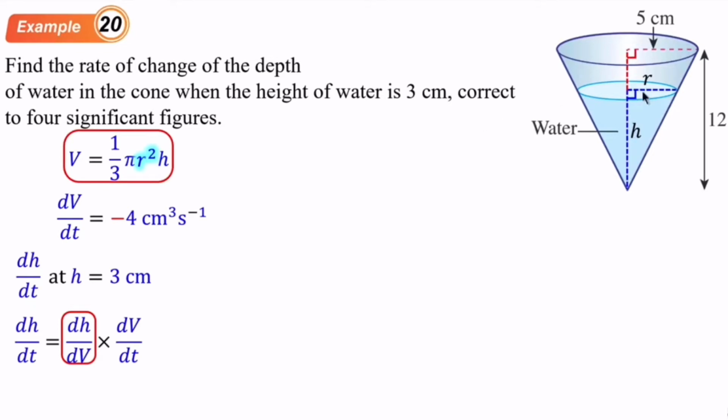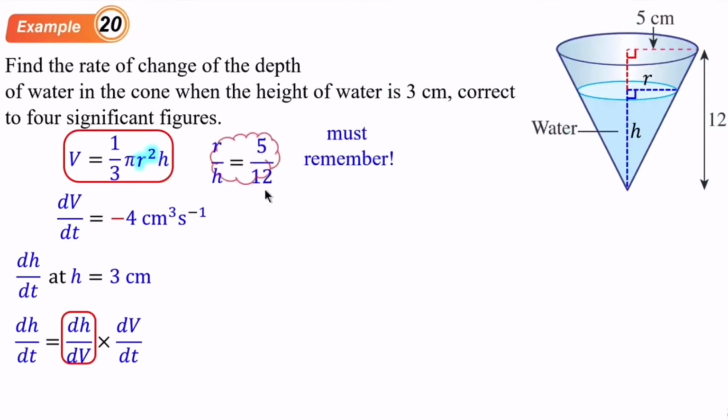Normally we will just differentiate with respect to h. In this case, the radius has to be expressed in terms of the ratio of h. That means radius to h should be equal to the original radius, 5. We will find the ratio so that we can find the relationship between the radius and the height.